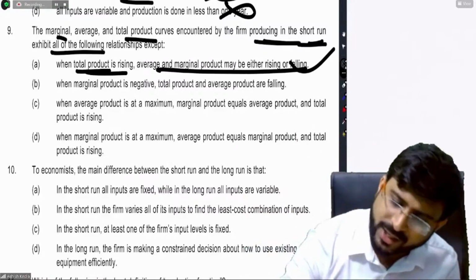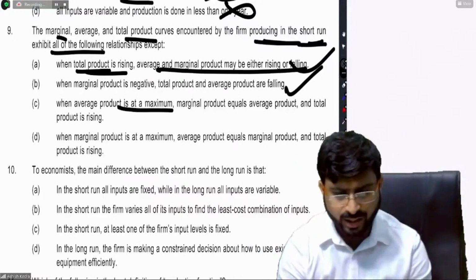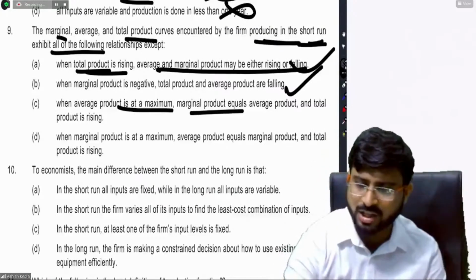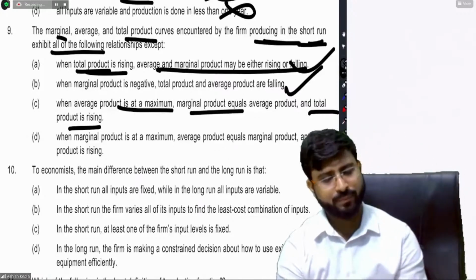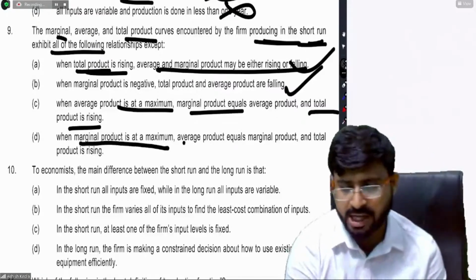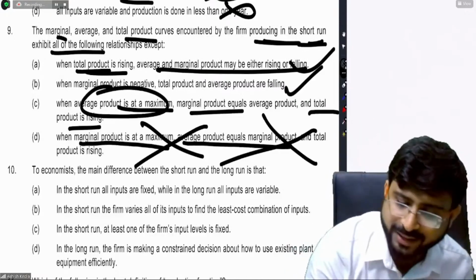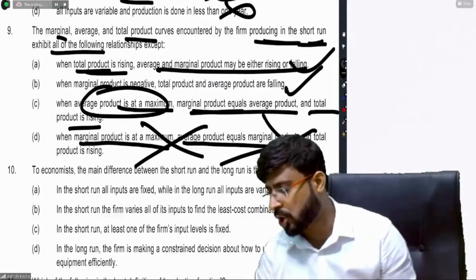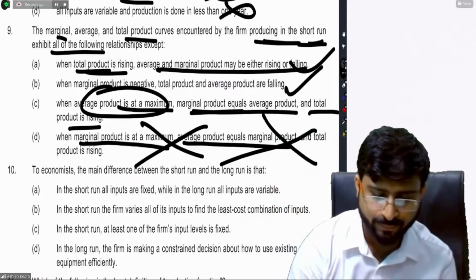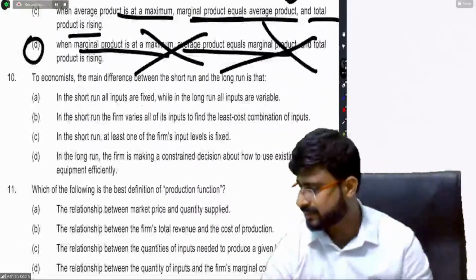When MP is negative, TP and AP are falling, that's correct. When AP is at max, MP equals AP, correct? And TP is rising, correct? Because it is stage 1. When MP is at max, AP equals MP, wrong. Because when AP is at max, then MP equals AP. We have written it just now. Don't tell me you don't remember. So 9D is the answer, because 9D is the wrong statement.